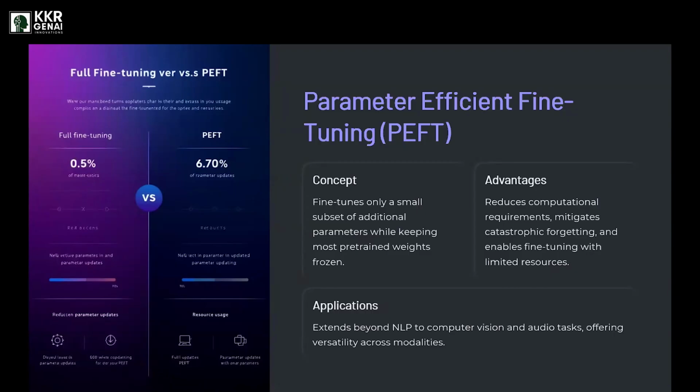It is memory efficient, and it also helps us mitigate catastrophic forgetting. When you are doing fine tuning, the model will forget the previously learned parameters. But using parameter efficient fine tuning, you hold the previous information and also learn the new patterns in the data set.